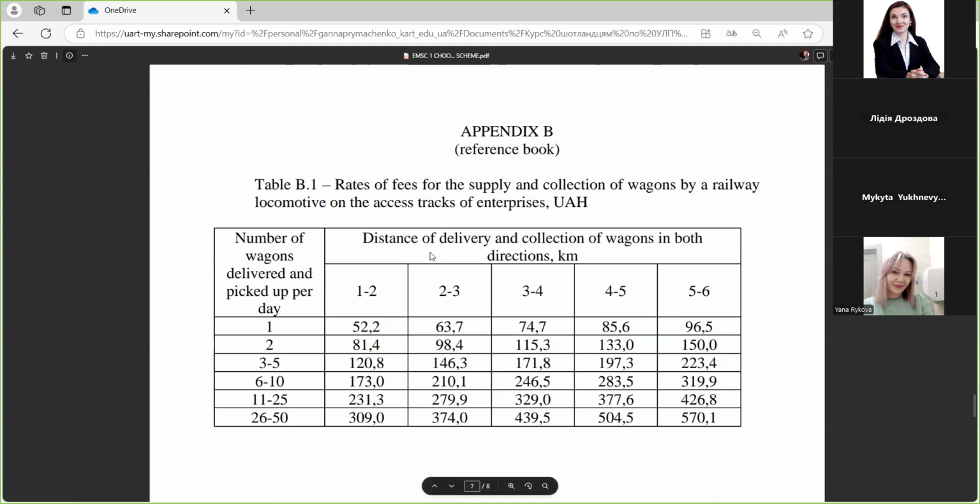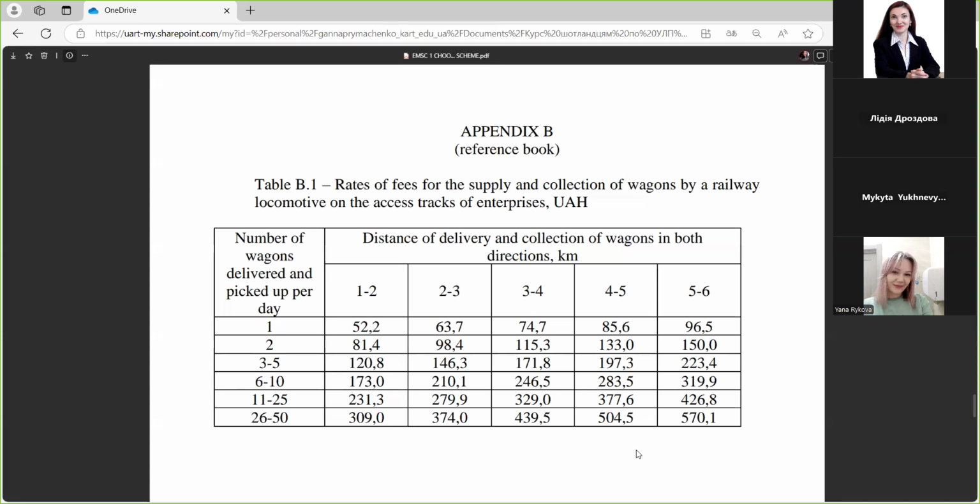If we add the distance of delivery and collection of wagons in both directions, it also will be more than 6 kilometers. So, for all variants, we need to find these parameters in the value 570.1. So, we give these parameters in the nearest right corner.